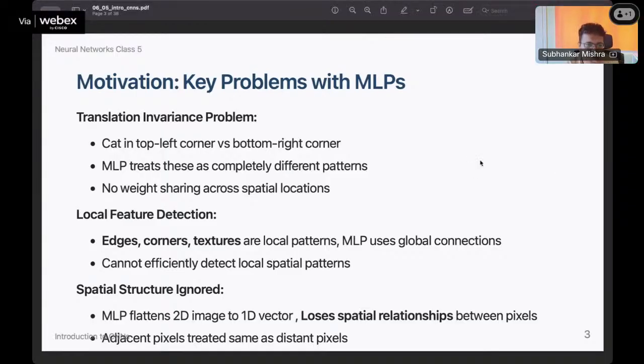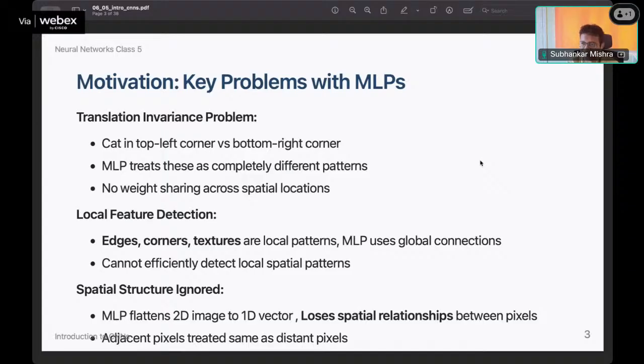The next feature is local feature detection. In local feature detection, we have, let's say, edges, corners, and textures. These are local patterns, and an MLP uses global connections. So it cannot efficiently detect the local spatial patterns that we have, because every pixel connects to every neuron.